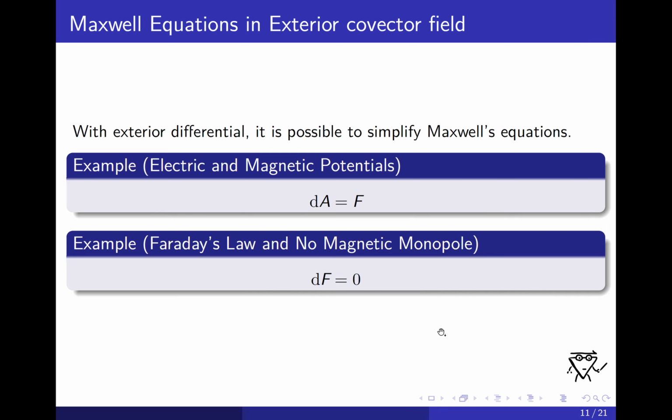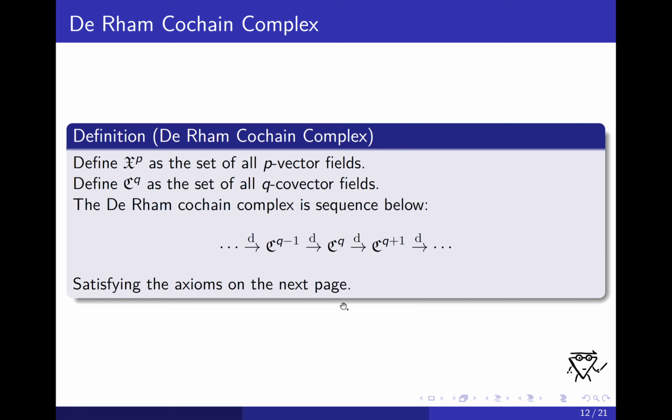With the exterior differential defined above, it's possible to simplify Maxwell's equations to the following differential equations. The exterior differential of the potential 1 form is the field 2 form. And the exterior differential of the field 2 form is 0. Mathematically, we use a terminology called de Rham cochain complex to describe this.